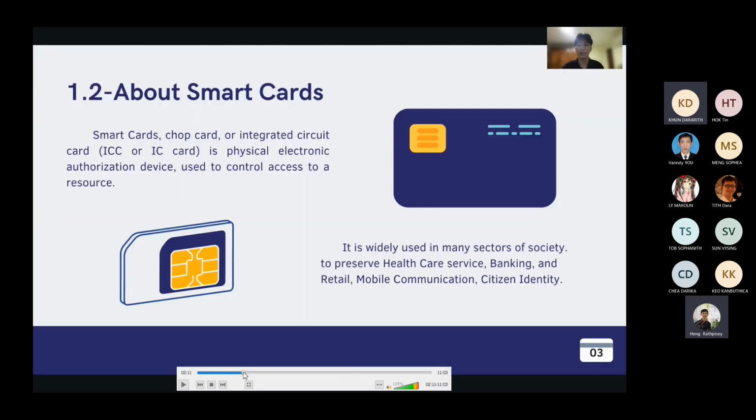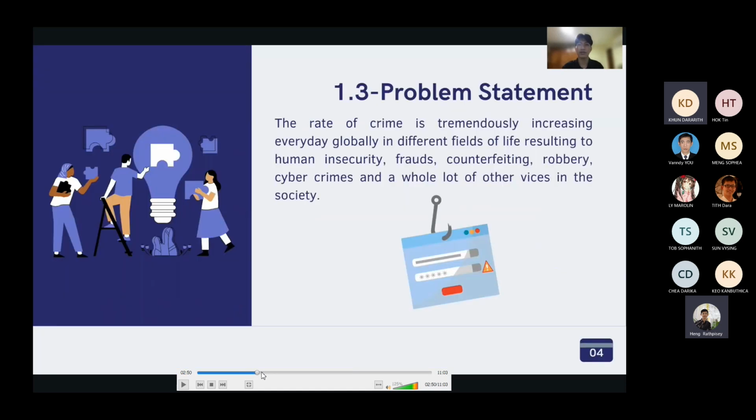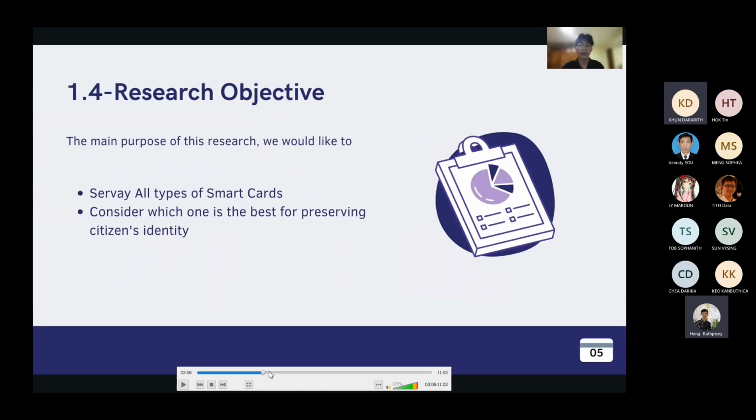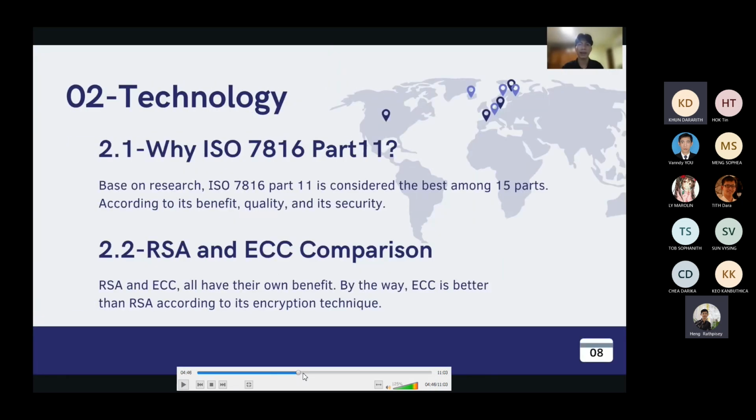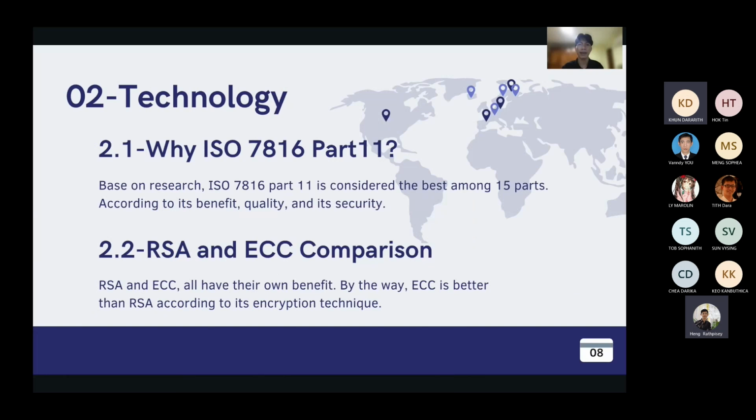Actually, my responsibility is to summarize all the parts of the other members, and also I focus on figuring out which card is best for preserving the user and the citizen identity, and focus on technology such as PKI and RSA and ECC comparison too.